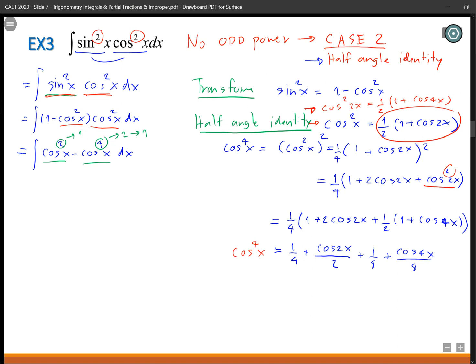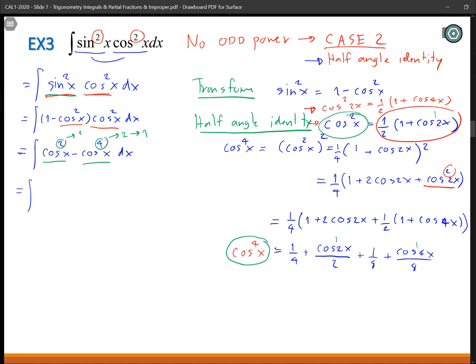All right, at this point we have transformed this to the power of 1, and we have transformed cosine to the power of 4 to just cosine to the power of 1 and 1 here, so they look good. Now we are going to put everything back into our integral. Before we had cosine of x squared, but we don't like that.